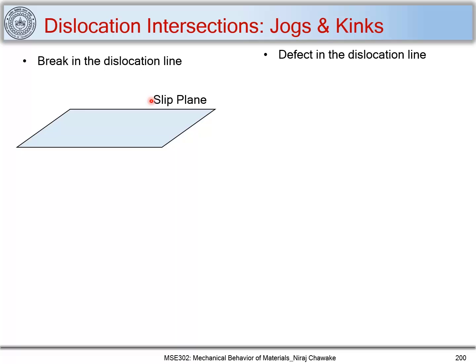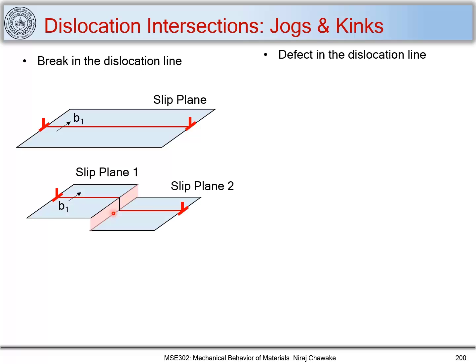So we have a slip plane, and let's mark an edge dislocation, whose dislocation line is marked here, and a Burgers vector is along this way. And let's create a break on this dislocation line. We can create a break in this way, where there is a break here on this dislocation line. And if you see, this break is not on the original slip plane.